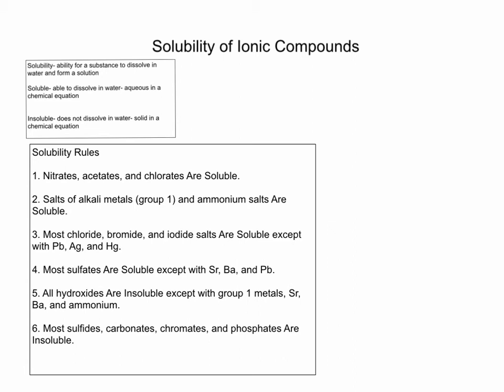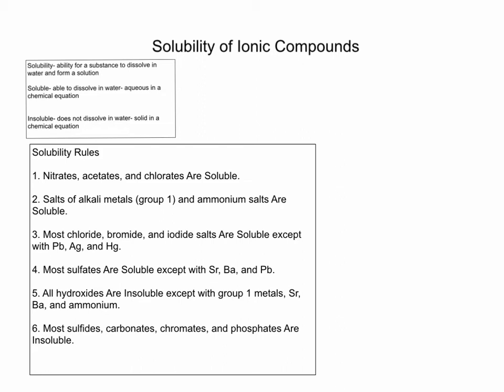If read carefully, the solubility rules are really easy to follow. So the rules are: nitrates, acetates, and chlorates are soluble. So if you have a compound with a nitrate ion, acetate ion, or chlorate ion, it's going to be soluble.